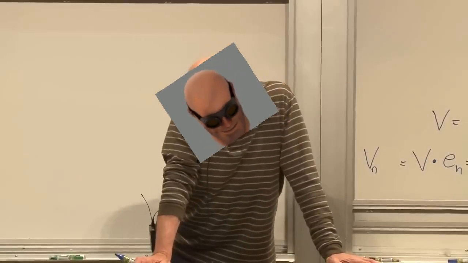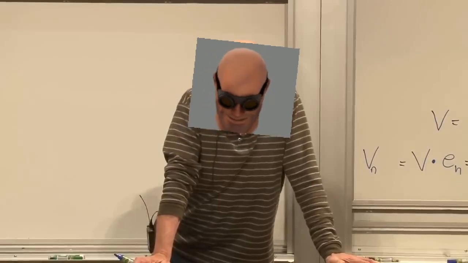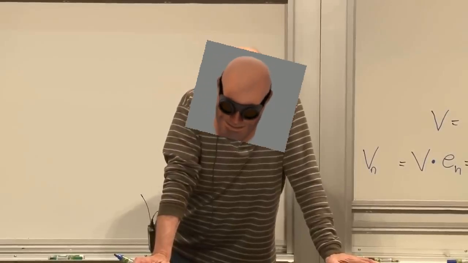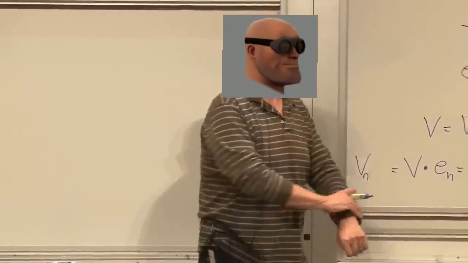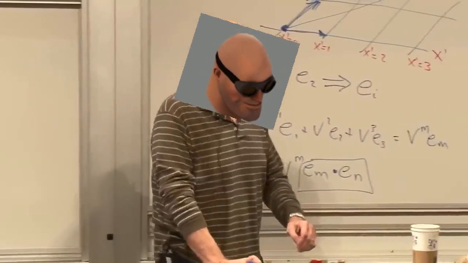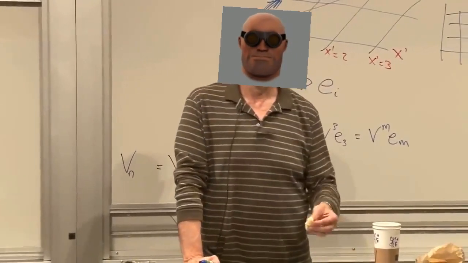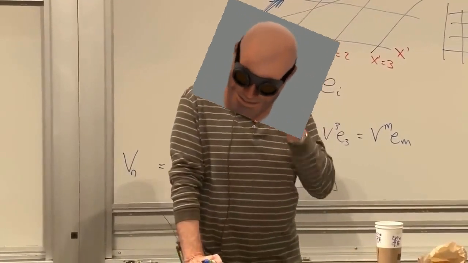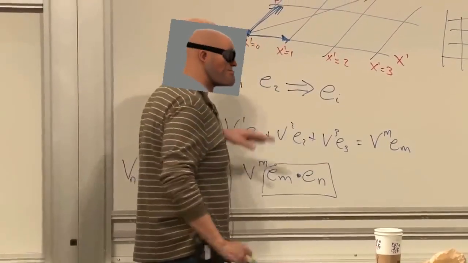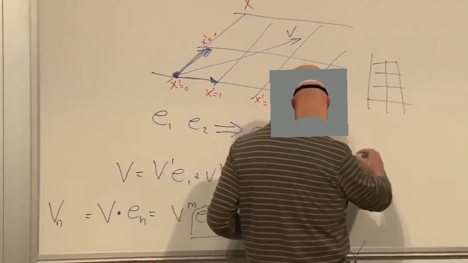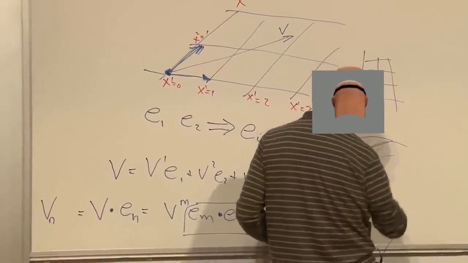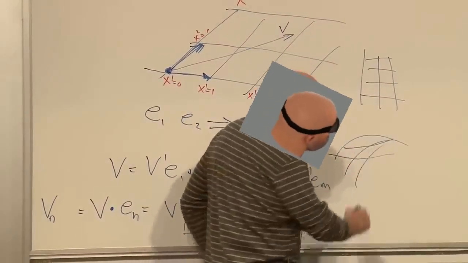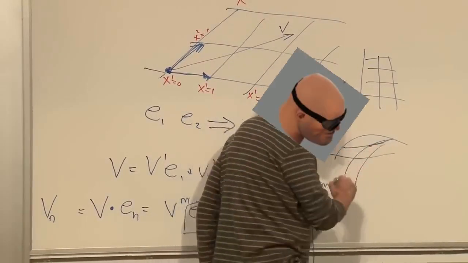In curvilinear coordinates, typically, in general, the coordinate directions are not orthogonal to each other.